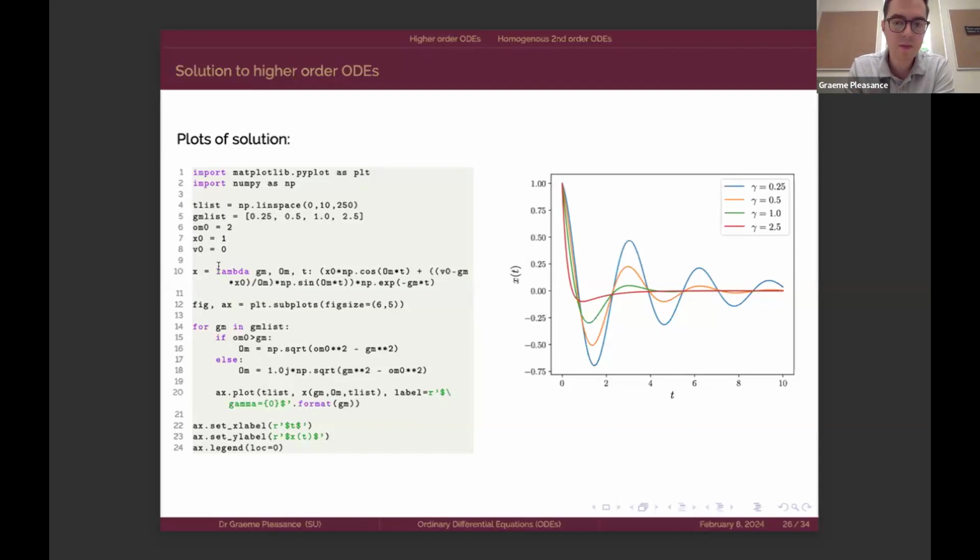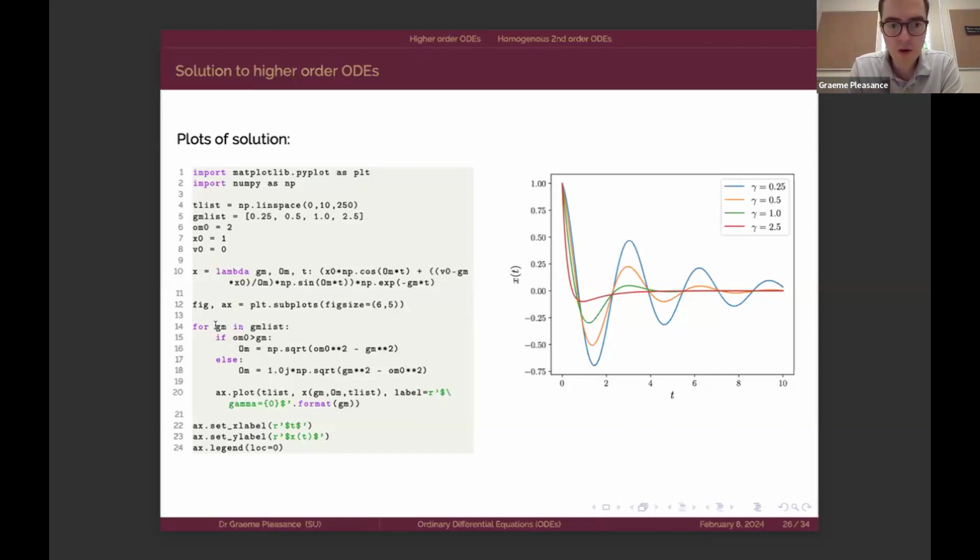In the pendulum example, this corresponds to the pendulum being set at the side with no initial speed at t equals 0. Okay, so we can define a lambda function that depends on all these constants, gamma, capital omega, and t. This is just the analytical solution I gave on the previous slide.